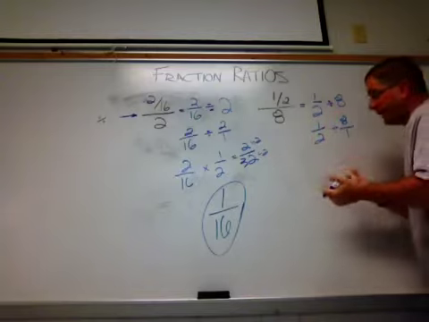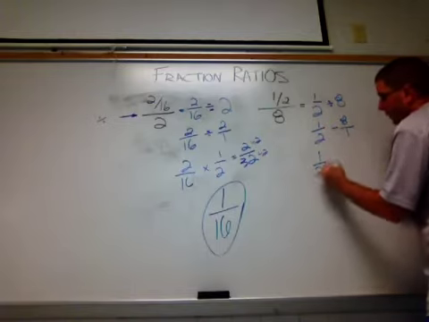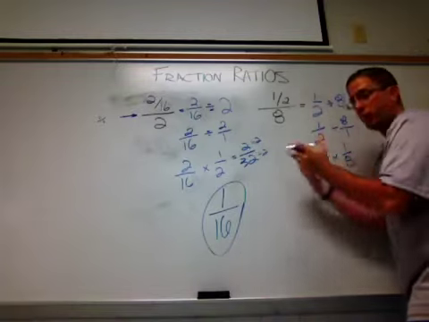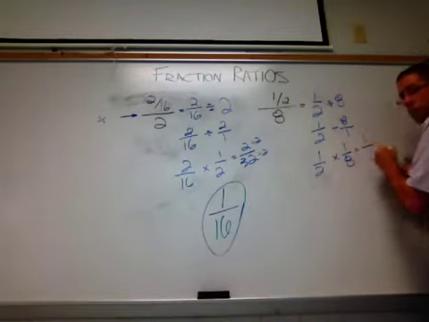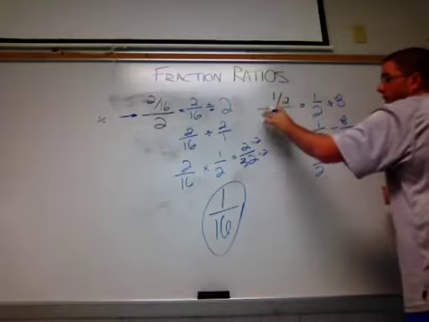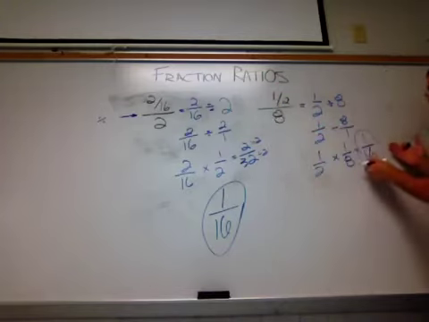Okay, and then same, change, flip, same, change, flip, multiply straight across. So you end up with 1 over 16, right? So the 1/2 to 8 ratio actually simplifies to 1/16.